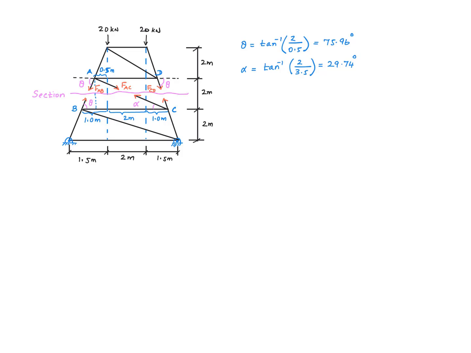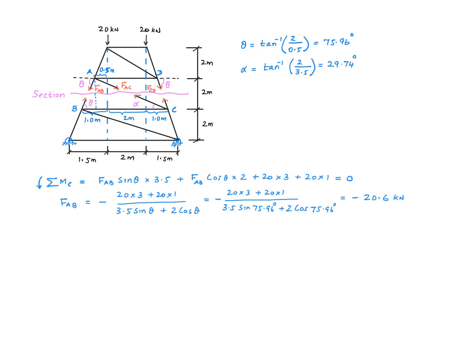Theta is tan inverse of this distance, which is 2 meters, divided by this distance, which is 1 minus half, which is half, right? So we get a value of 75.96 degrees for that. Alpha would be tan inverse of this distance, which is 2 meters again, divided by this distance, which is 3 plus another half, 3.5, right? So we get a value of 29.74 degrees for that.